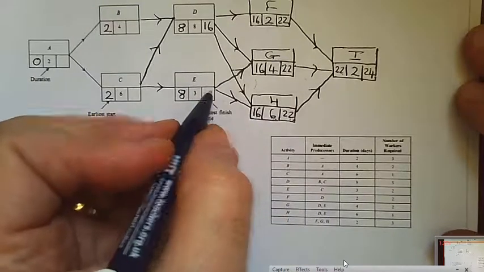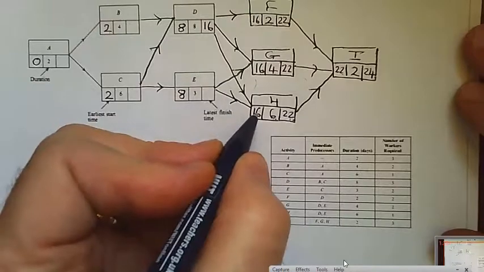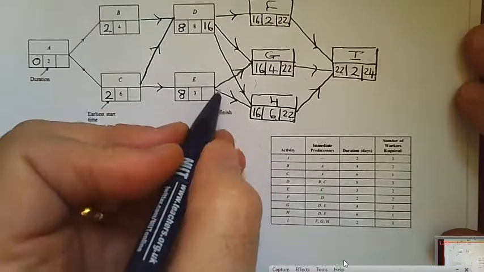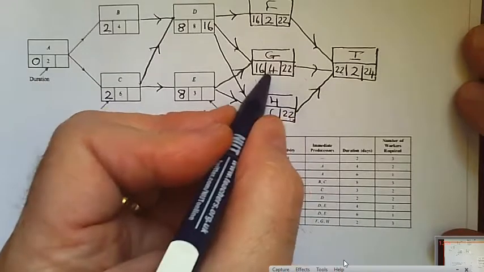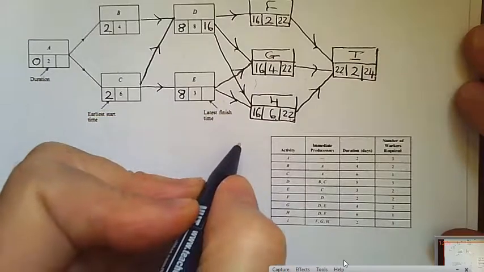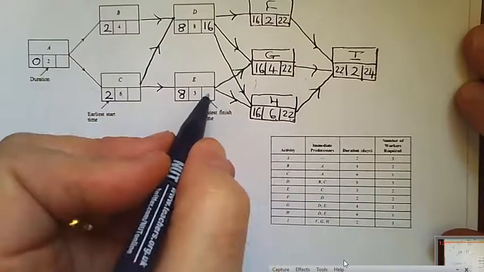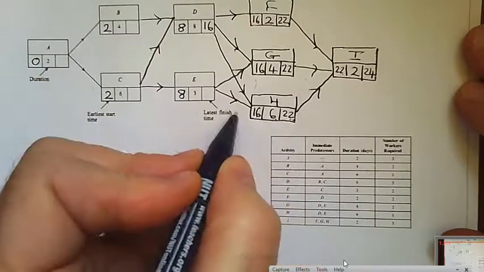For E, well, E precedes G and H. For G, E would only need to finish at 18, because 18 and 4 is 22. But for H, it would need to finish at 16, because 16 and 6 is 22.